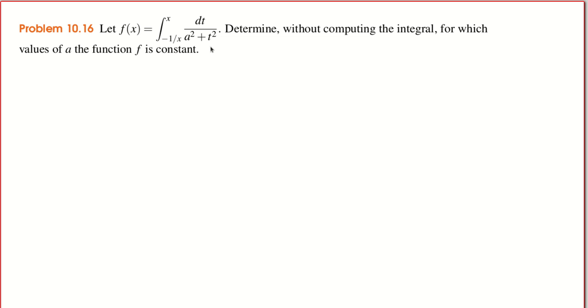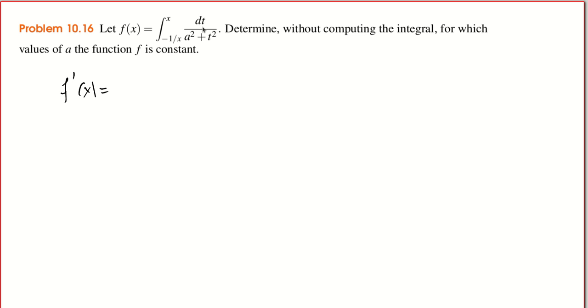But we are not going to do that, because all we need to do to prove that a function is constant is to prove that the derivative is zero, okay? And finding the derivative of a function that is defined through an integral is just applying the Leibniz rule.